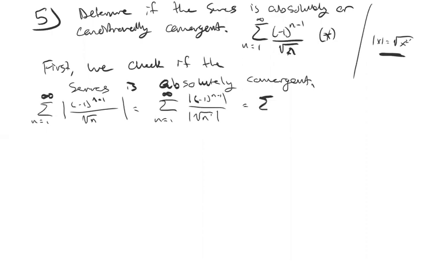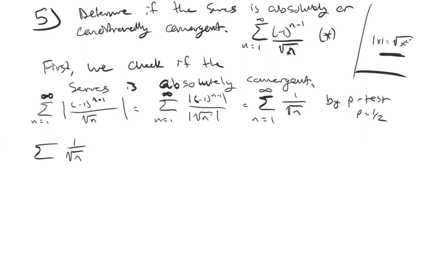So we're looking at the series, n equals 1 to infinity, of 1 over the square root of n. Okay. Well, this one's pretty easy to see that by the p-test, with p equal to 1/2, the sum of 1 over the square root of n diverges.